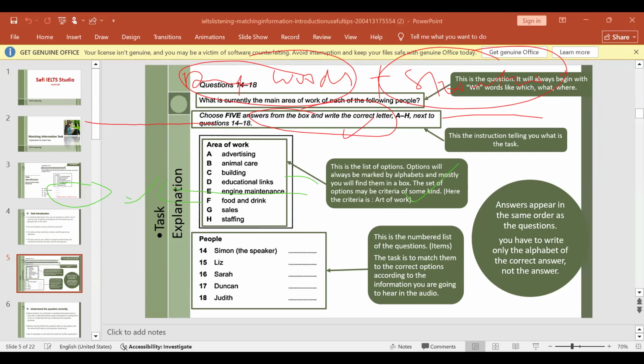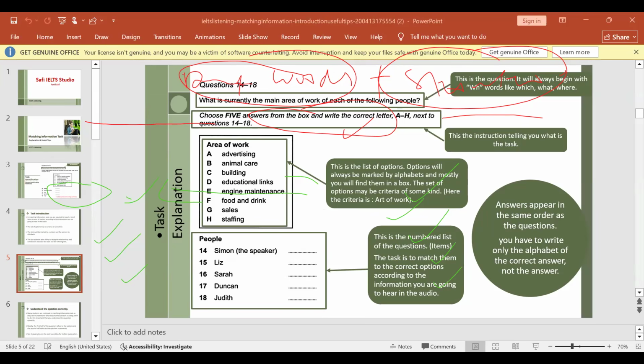Now, the question talks about "concern about," but the audio says "worried about." The question says "prefers," but the audio says "would rather choose." The question says "disagrees," but the audio says "doesn't think that is right." The question talks about "too expensive," and the audio says "cost more than expected."